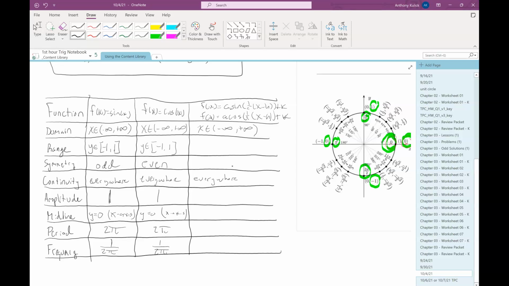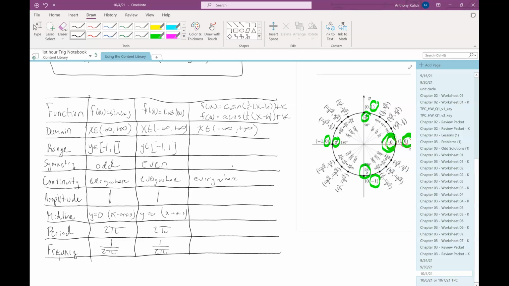So we have vertical stretches and shrinks. What else could affect the range? It's a translation up or down, right? If I pick the graph up and I move it up, then all the y coordinates got bigger, right?